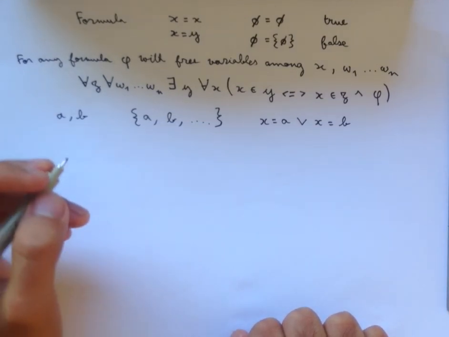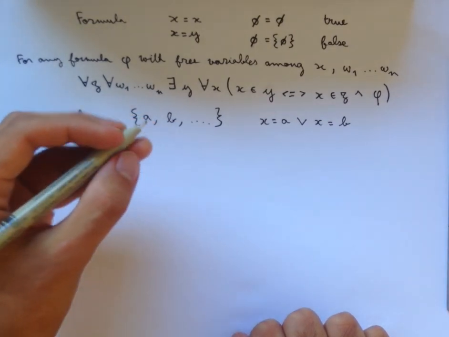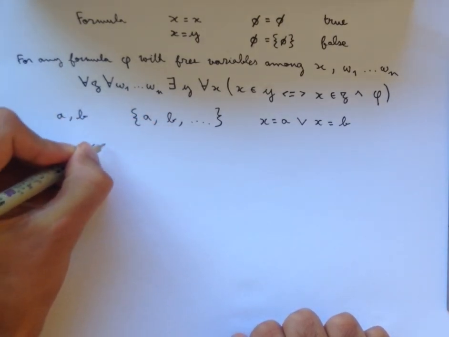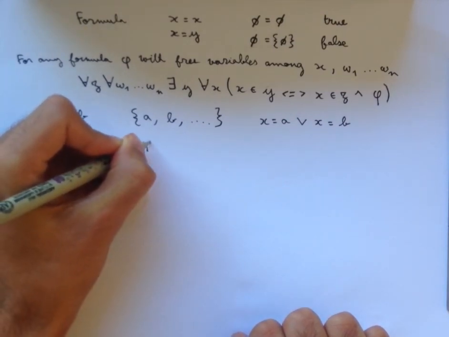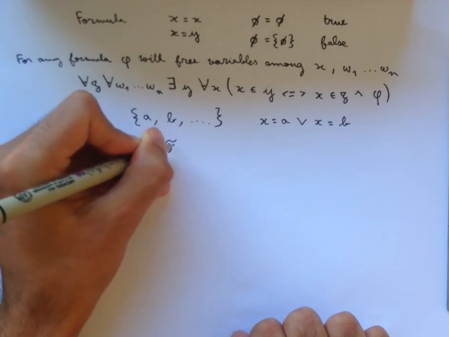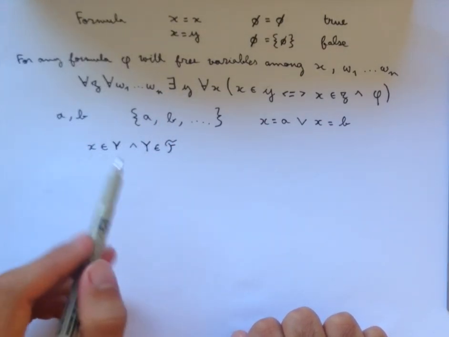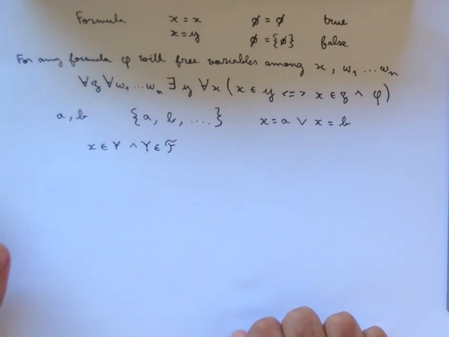The formula is simply copied from the definition, and it's x is in y and y is in F. And so, using this formula, we get rid of all the other things that were in our set, the things that were not in sets that were in our family that we were unioning over.